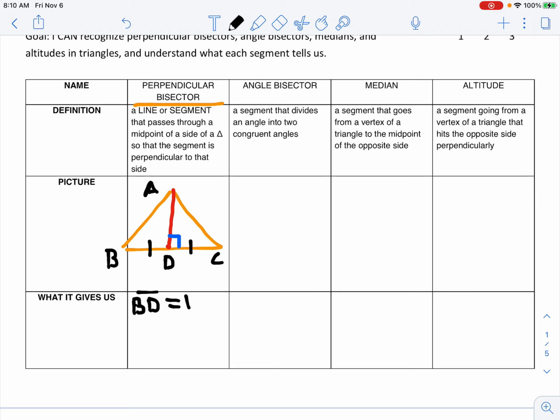So BD is equal to DC because it hit at the midpoint and split it into 2 equal pieces. You'll also notice that it forms 90-degree angles. So technically, angle ADC equals 90, and technically angle ADB would equal 90 degrees because it's a perpendicular bisector.